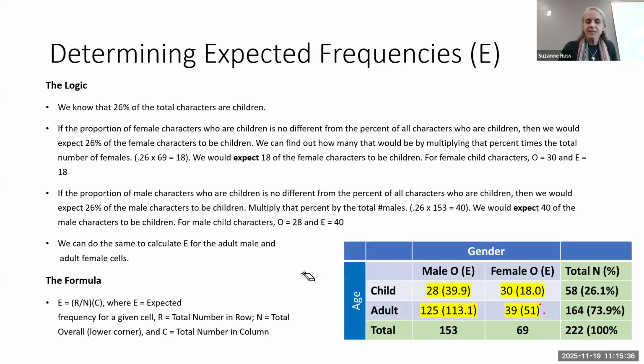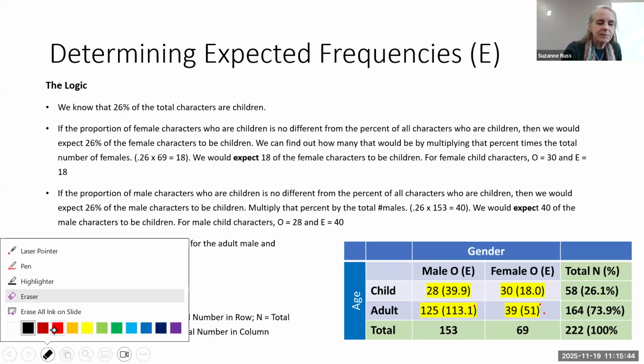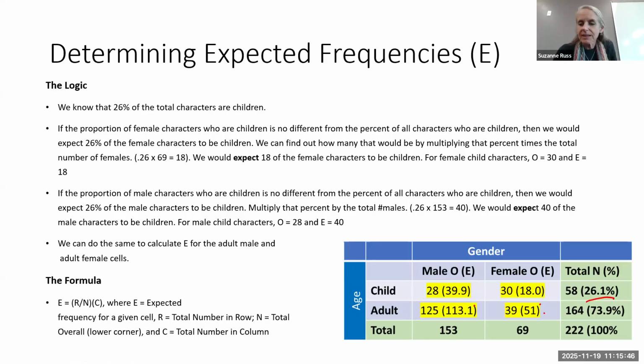When we calculated these percents, first off, we knew that 26.1% were children, 74% were adult. When we compared that by taking 26% of all of these females, we found 18 of them should have been children. 51% of the females should have been adult, if there was no difference.